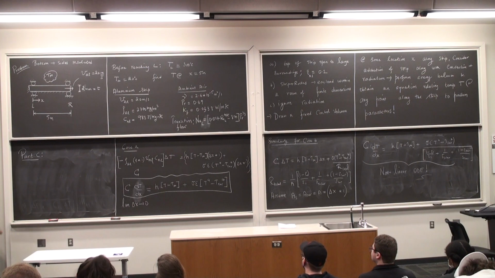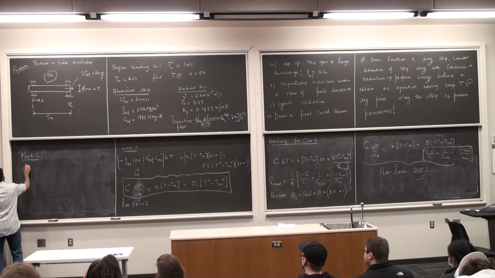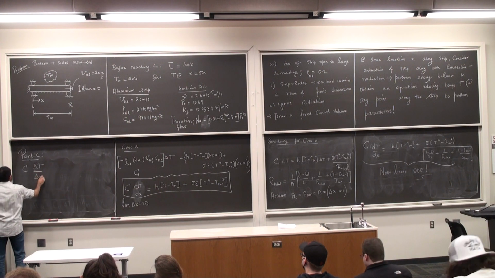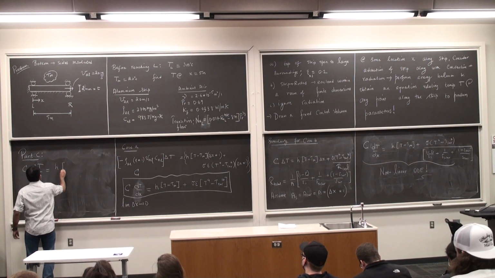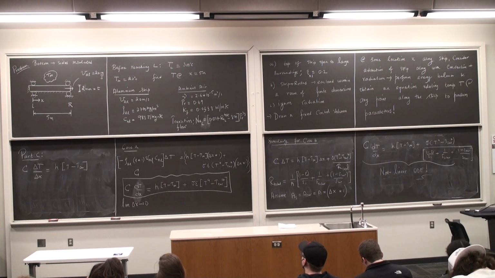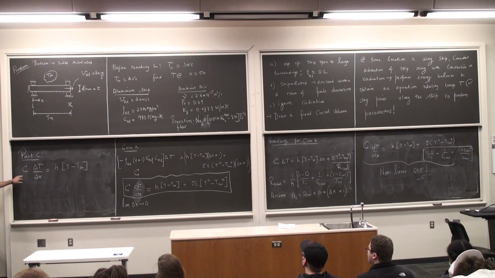So I end up with a very nice expression: h times (T minus T infinity). All of those constants are called capital C. One can calculate these values, it's not a big deal.